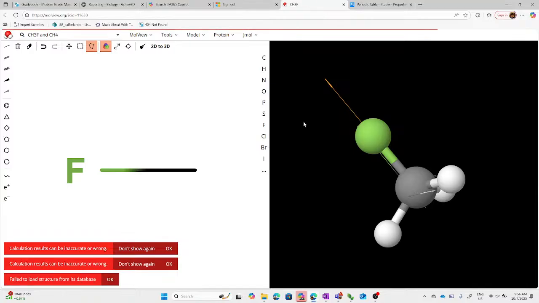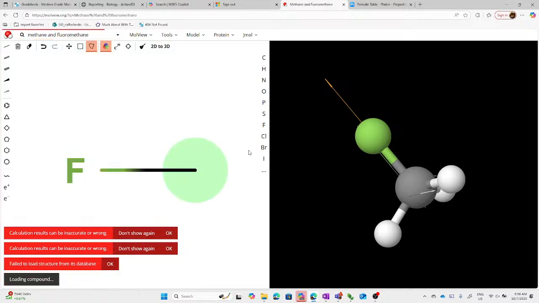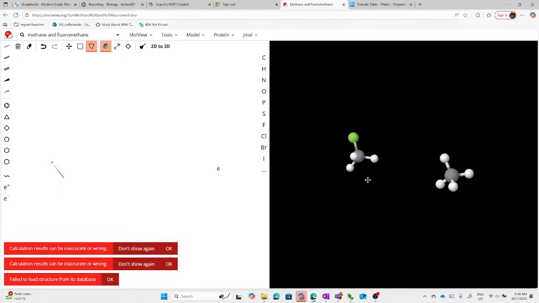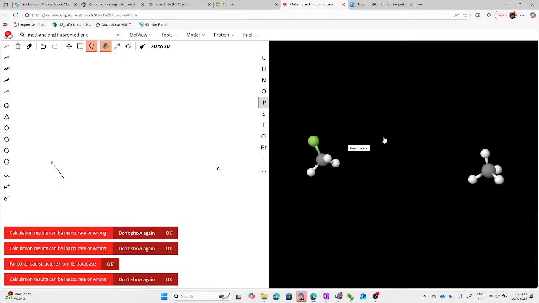Versus, if we put them side by side, right? If you put them side by side, there they are. I think it's going to do an overall dipole for the two of these together.